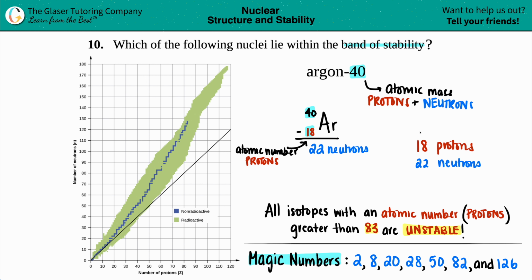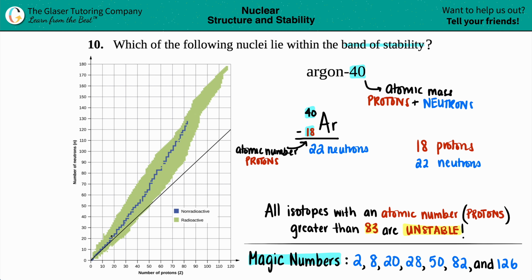So let's see. I'm going to track where your 18 protons are. I'm going to go roughly to 20, but now I'm going backwards. So here's 20, and 18 is right here. And if you need help, I think you could zoom in on YouTube. So here's number 20.